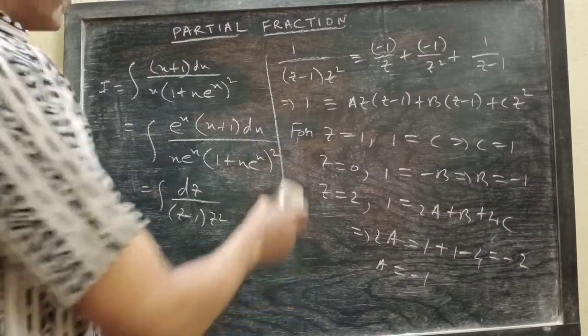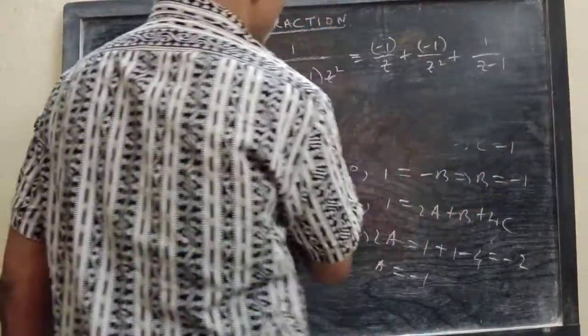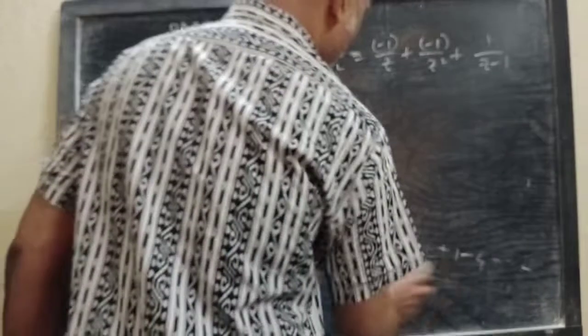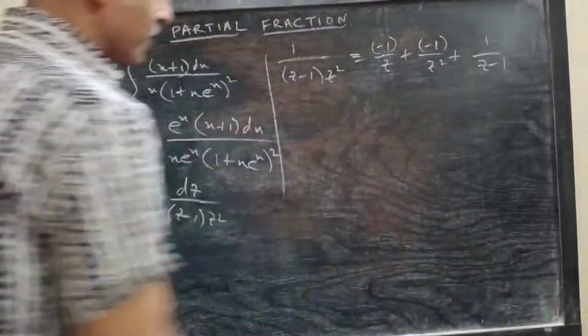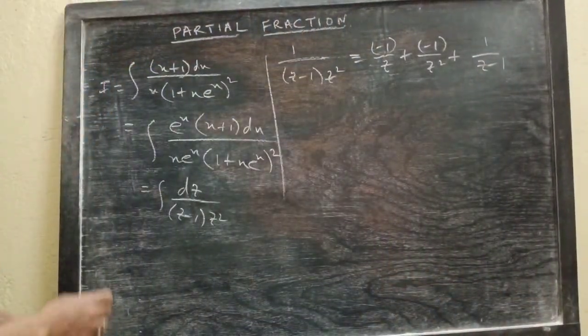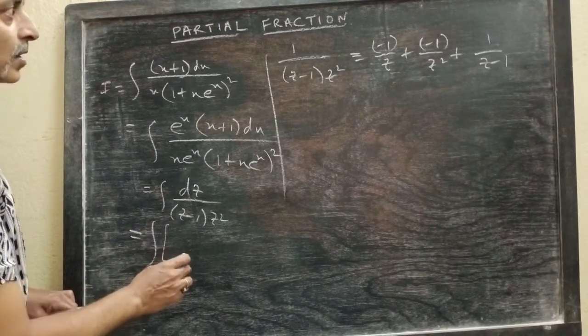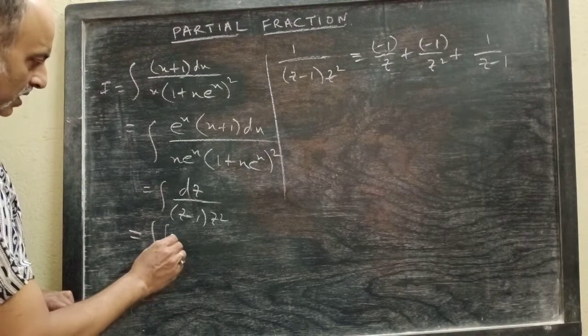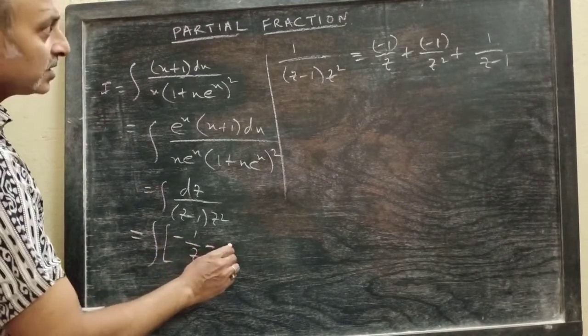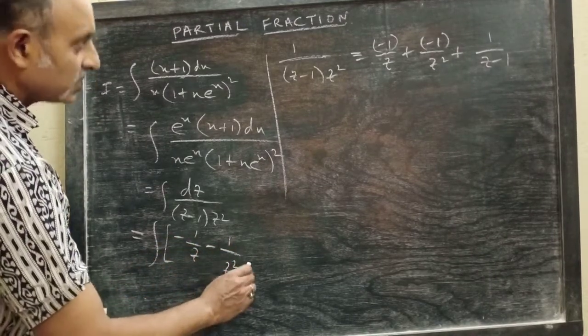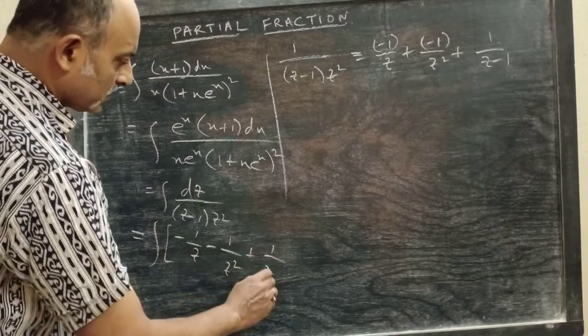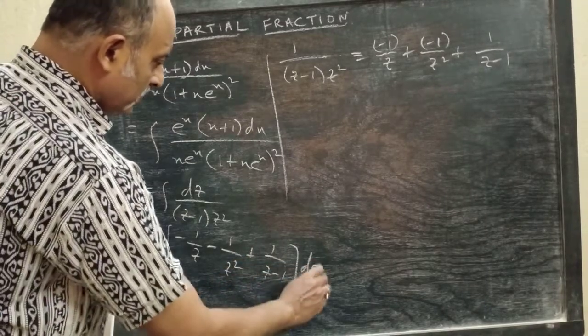So now your I will be the integral of minus 1 by z minus 1 by z square plus 1 by z minus 1 dz.